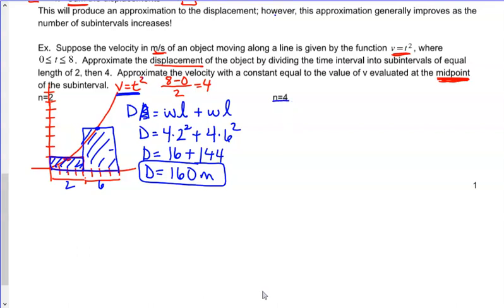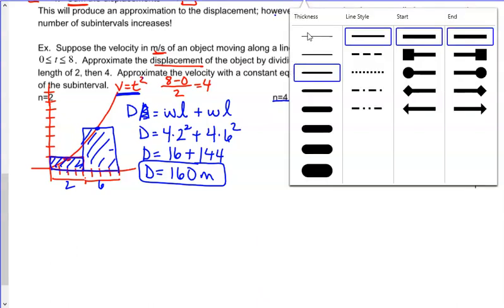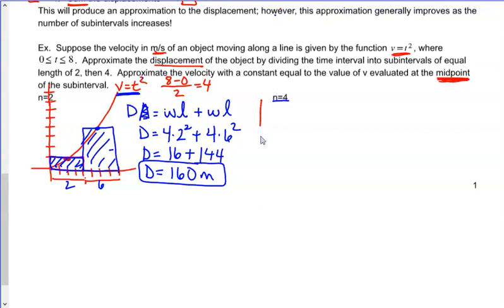Now, what happens if I change that subinterval? And now I want not 2 rectangles to add up, but 4 rectangles to add up, okay? So we can do the same type of thing. I approximate my v equaling t squared, and I can now divide 0 to 8 into 4 rectangles.